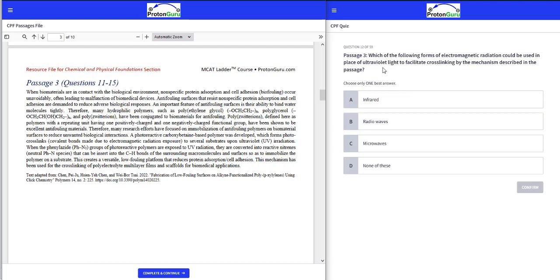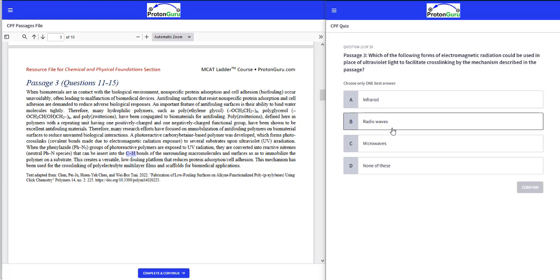UV radiation, we know from our study of UV spectroscopy, is capable of pulling an electron out of a bond. That makes sense because they're telling us that you're inserting into a bond, so you must break the bond to stick something into its place. So we're really looking for something with enough energy to do that. We know that infrared radiation doesn't break bonds because in infrared spectroscopy, when you shine infrared light on something, it makes the bonds vibrate and bend but not break.